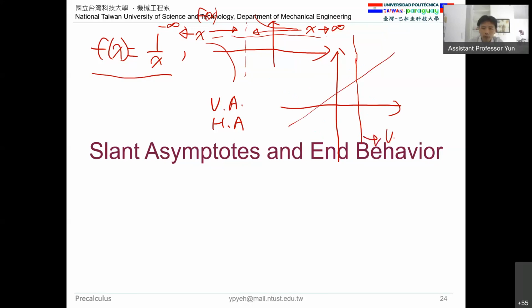For example, this is a vertical asymptote, and this is another type of asymptote, which is neither horizontal nor vertical. The function will approach this line but never intersect it. In the case of the vertical asymptote, which is quite easy to understand, it comes from the denominator not being equal to 0.